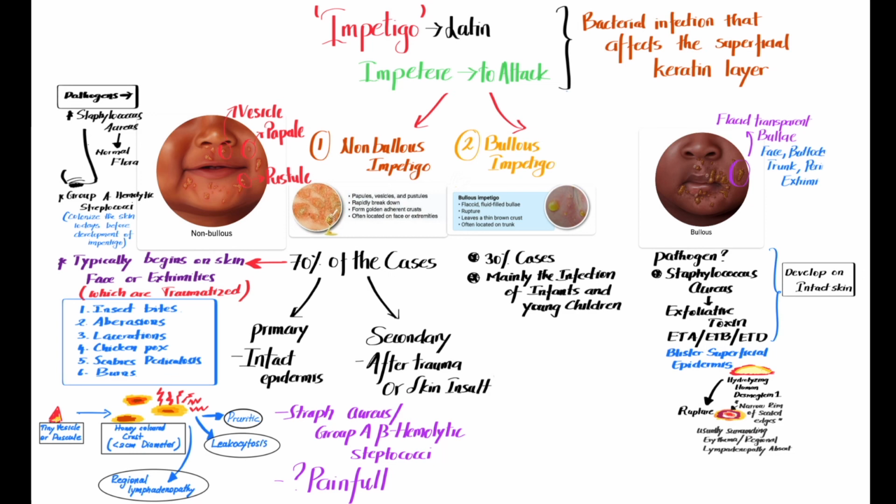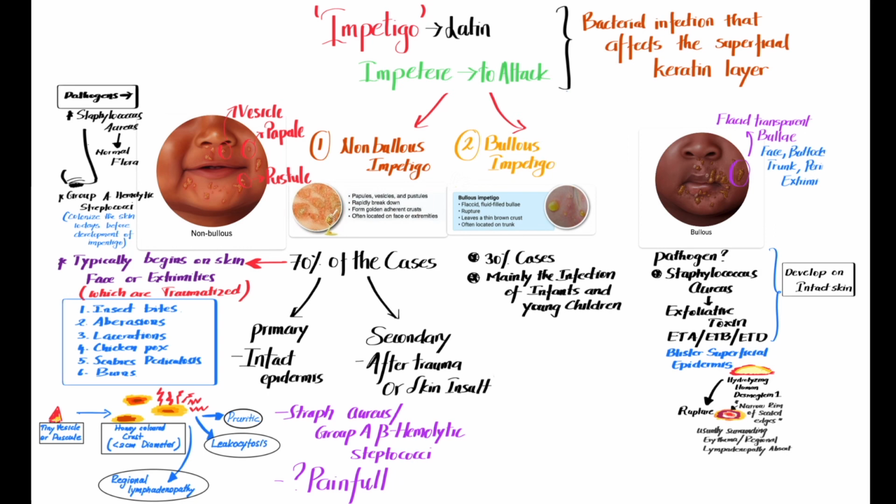The secondary way, which is traumatization of the skin, can be caused by insect bites, abrasions, lacerations, chickenpox, scabies, and also burns. All these can cause secondary trauma to the skin. After this trauma, the invasion of these pathogens can cause the non-bullous impetigo.